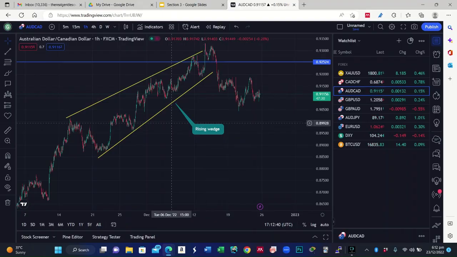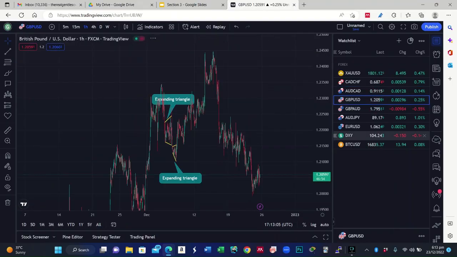The opposite is falling wedge. If you flip this chart, then you are going to get a falling wedge, because the opposite of rising wedge is falling wedge. As in rising wedge, as it is progressing upward, it is getting narrower, and in falling wedge, as it is progressing downwards, it is getting narrower also. So let's move to the next one.